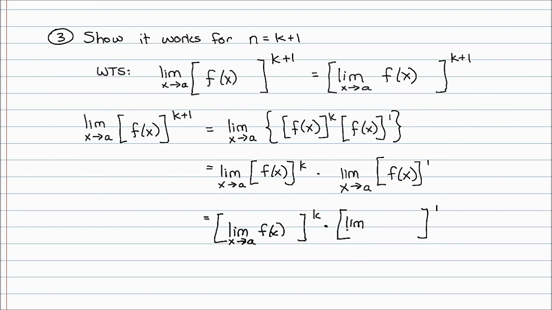That was the first domino. Well, let's see. I have a number to the kth power times the same number to the first power. That is going to be that number to the k plus first power.